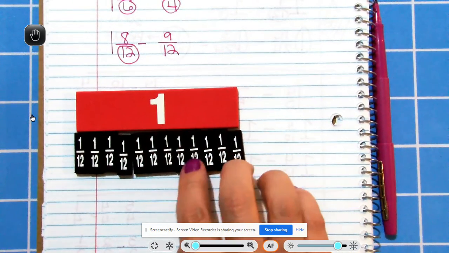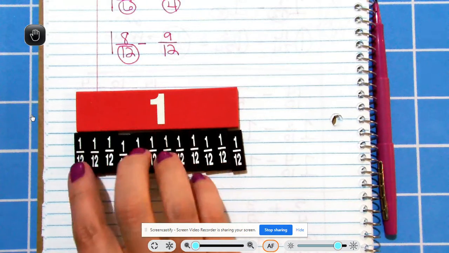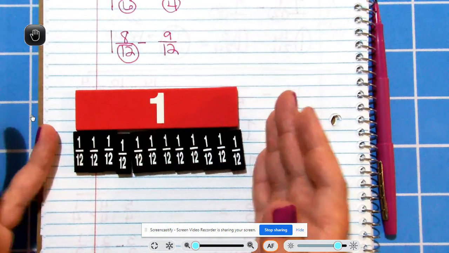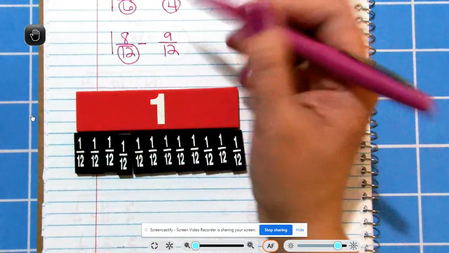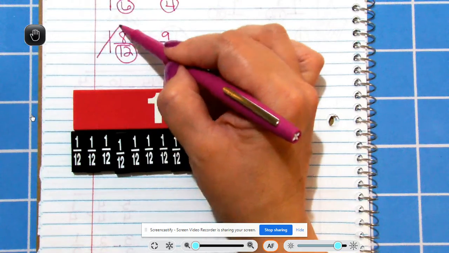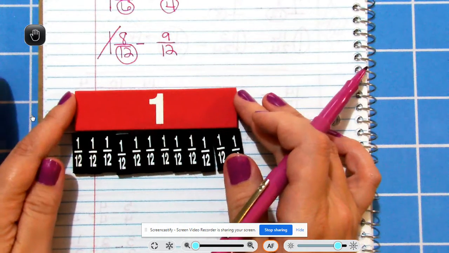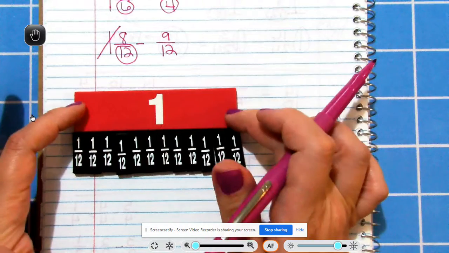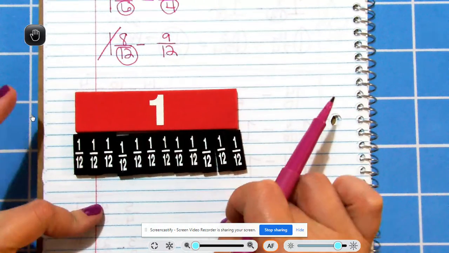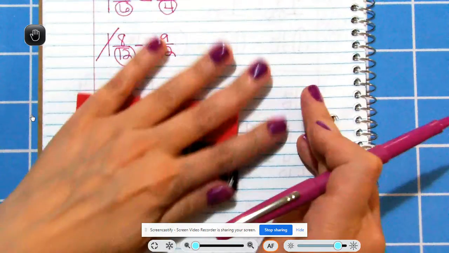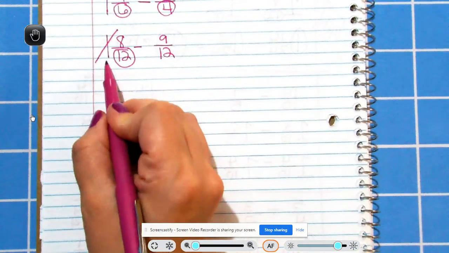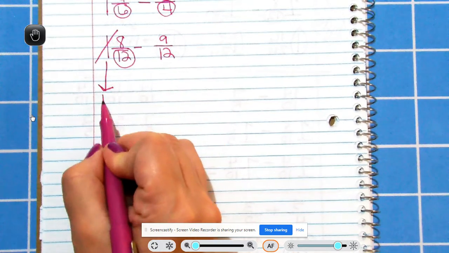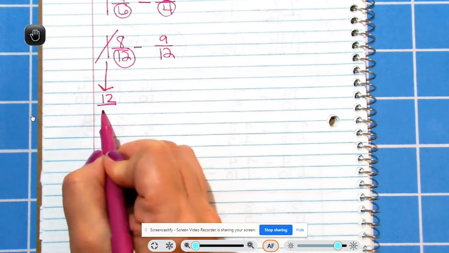One, 2, 3, 4, 5, 6, 7, 8, 9, 10, 11, 12. 12 twelfths. So we're going to borrow or regroup. We're going to take this 1, and we were cashing in for 1 whole. Now we're breaking the 1 whole up into its pieces, which is 12 twelfths. So the 1 whole is going to become 12 twelfths.